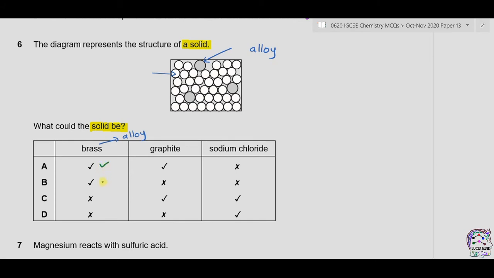So it could be A or B. Second is graphite. It is not graphite because in graphite a layered structure is present. Third is sodium chloride. In sodium chloride positive and negative ions are present. So therefore it is not sodium chloride. The answer is therefore B.